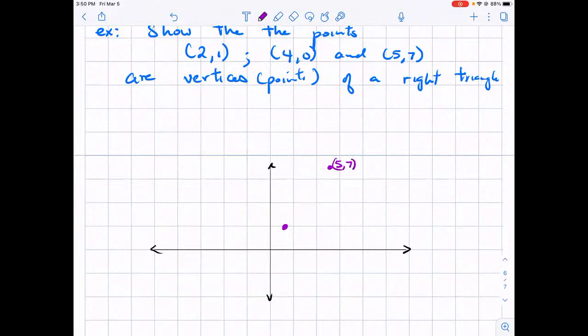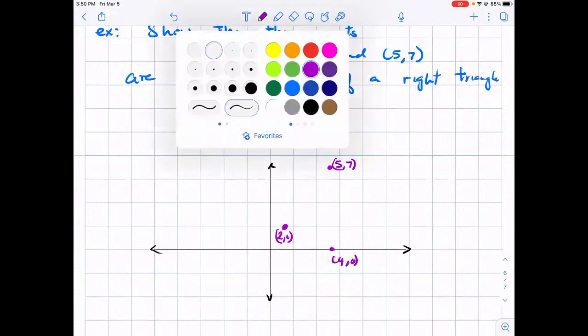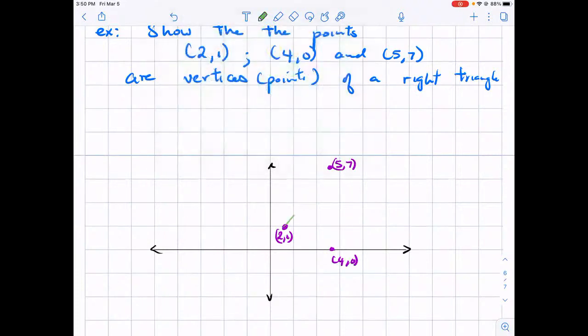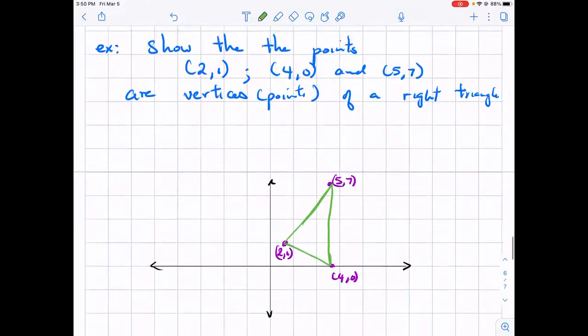Let's say this is the point 2, 1. And I have some point here, 4, 0. And if I draw a triangle, we know it's a right triangle, right? So we're assuming it's a right triangle.